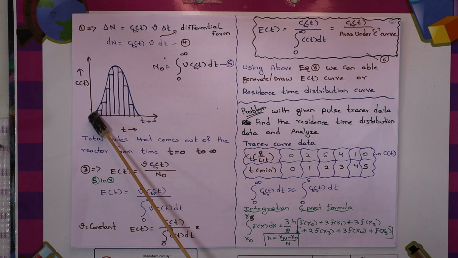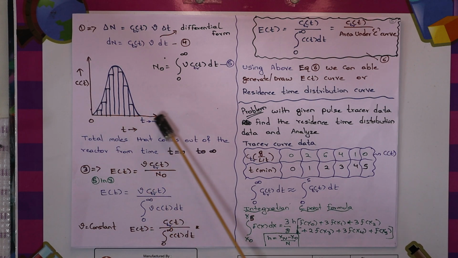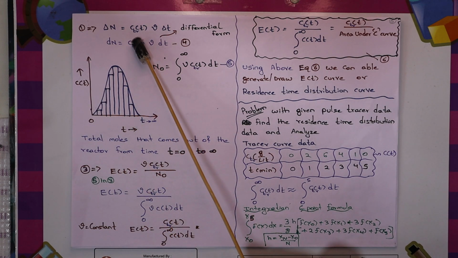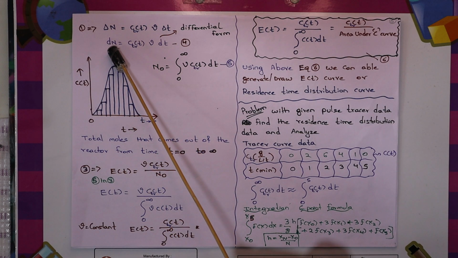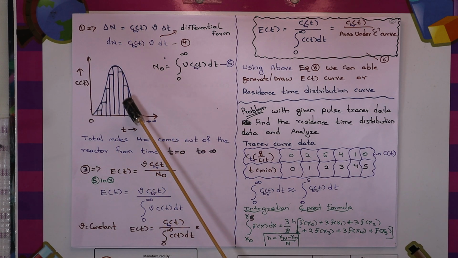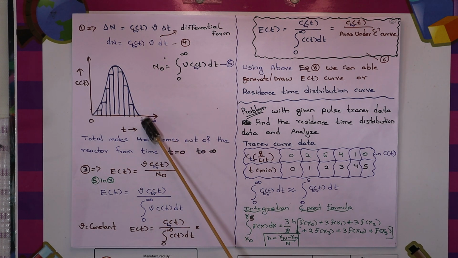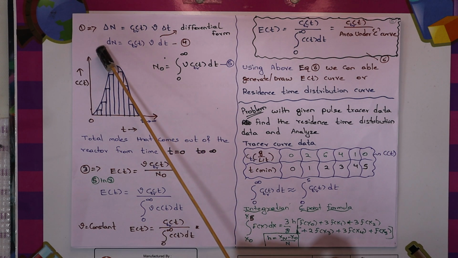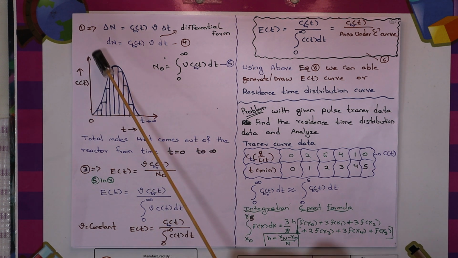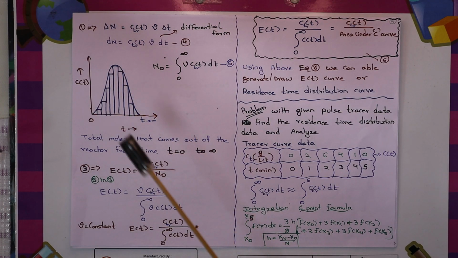That means the total moles that come out of the reactor until infinite time is equal to the initial number of moles injected. So on the left hand side, you get n0.